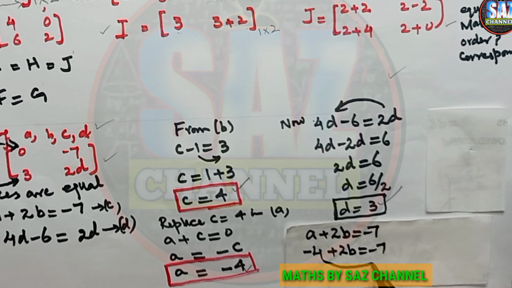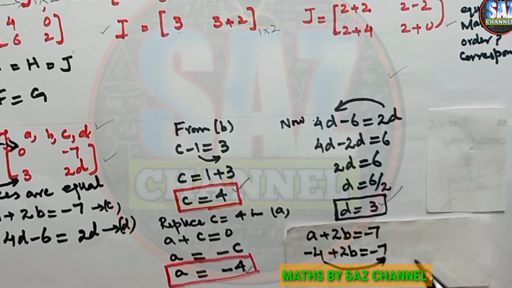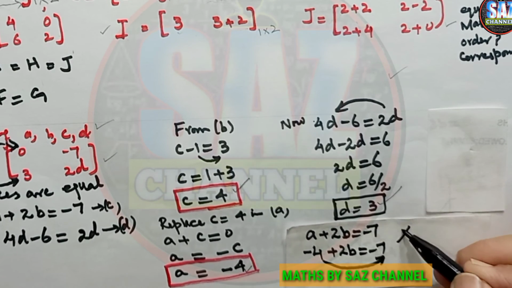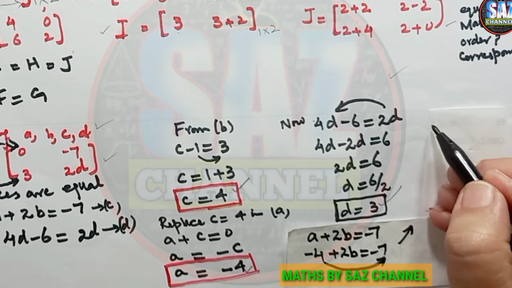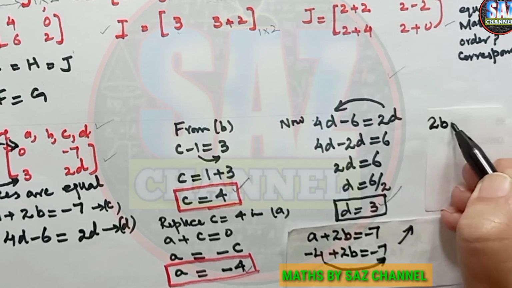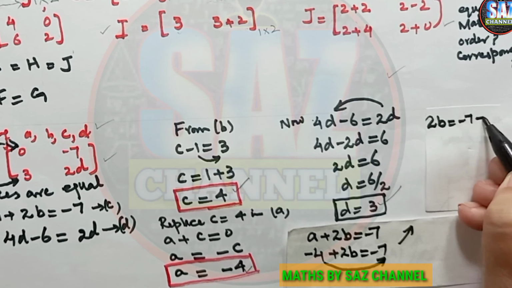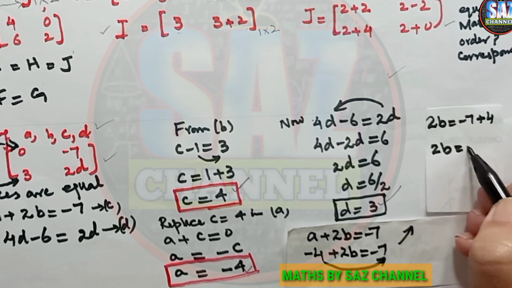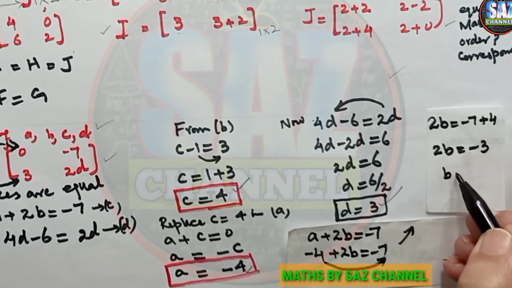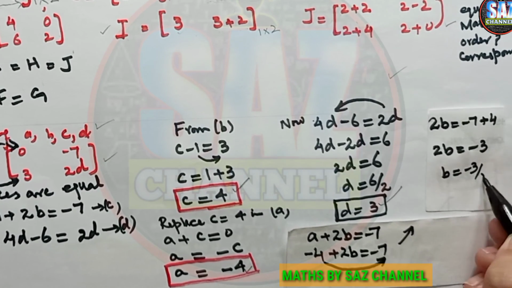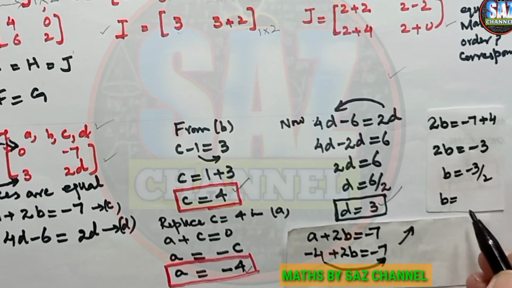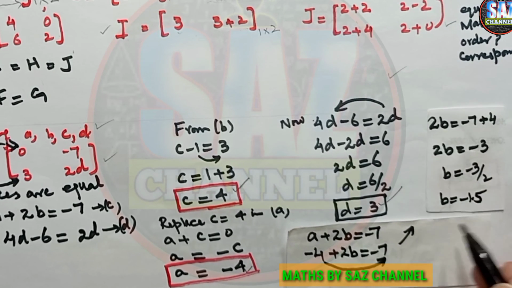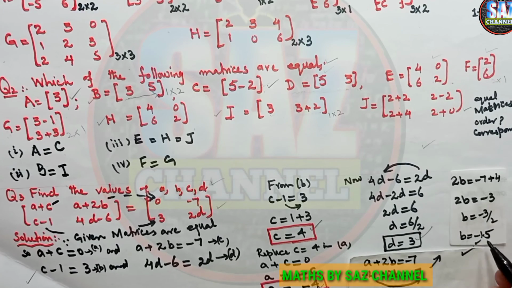Shift minus 4 to other side, 2B equals minus 7 plus 4. 2B equals minus 3. B equals minus 3 by 2, or B equals minus 1.5. I hope you are clear about this lesson.